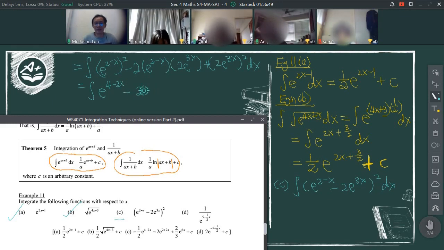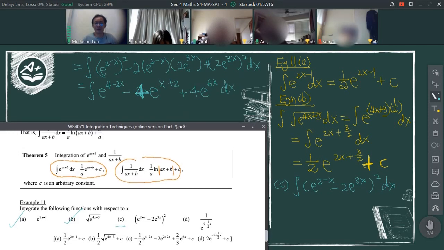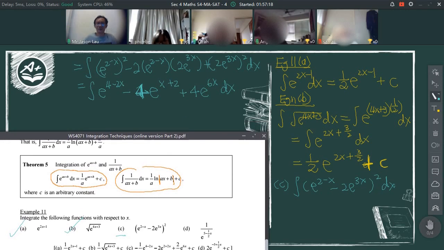And here 4, 2 times 2, 4, e to the power x plus 2. Here is a term times term, so the powers add together, right? Remember the laws of indices, you add the powers if they multiply. Then the last one, 4e, is power to power, so 3x times 2. Make sure you sort out all these power laws.